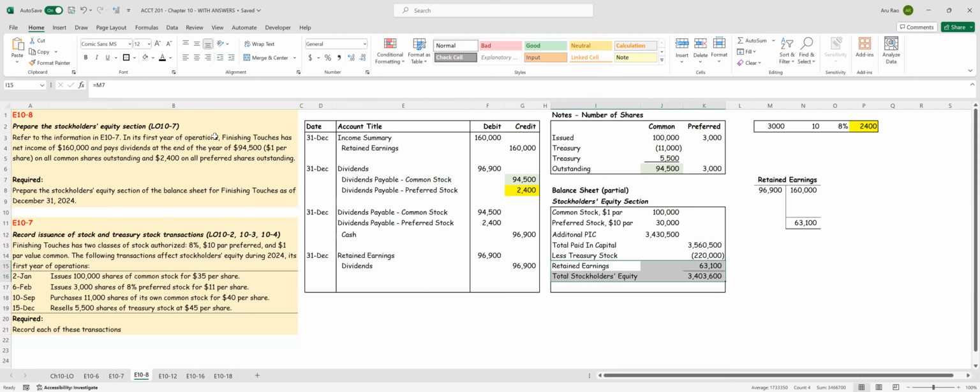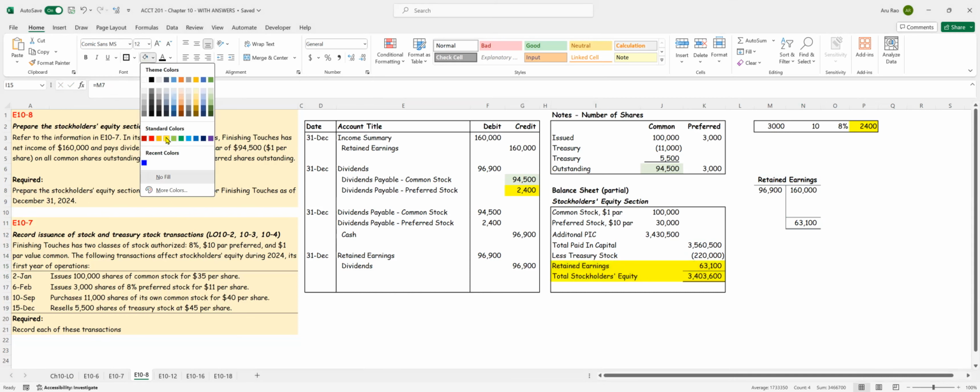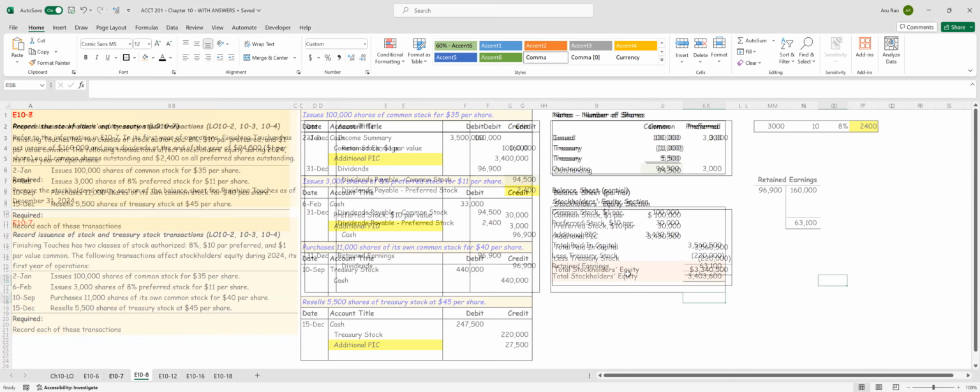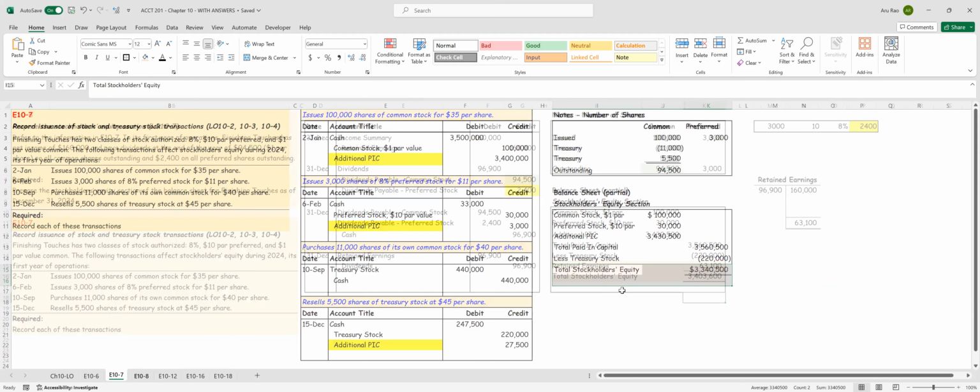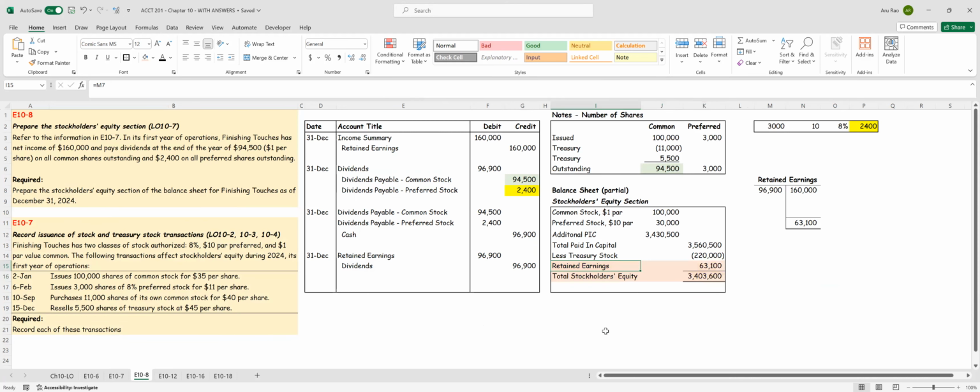So if you compare your previous exercise, let me put this in a different color so we can distinguish it. When you compare it to the previous exercise, your stockholders' equity, we had only the common stock, preferred stock, additional paid-in capital, the treasury stock, all of that information. Now in this exercise, we have retained earnings as well. This is the true total stockholders' equity number. Once you have the retained earnings number put in place, we are done with our stockholders' equity section and we are ready to prepare our balance sheet.